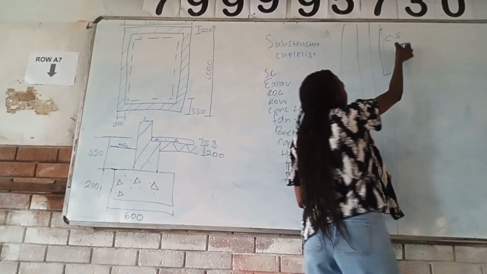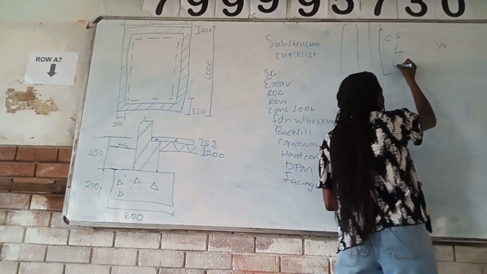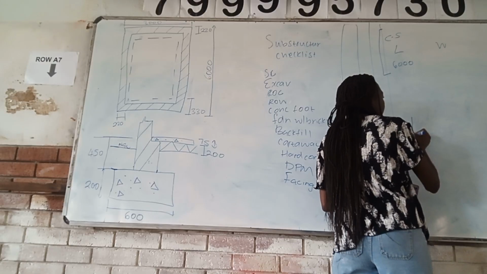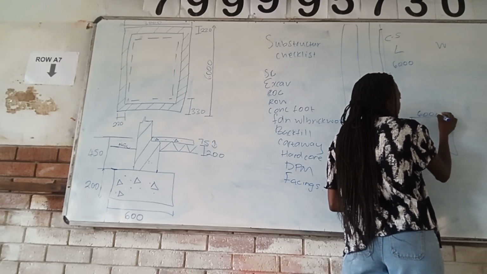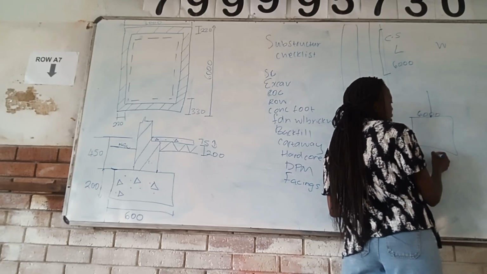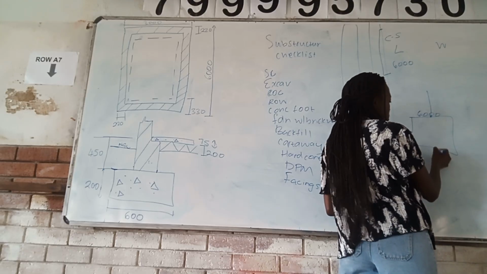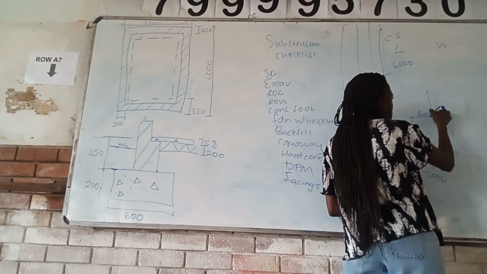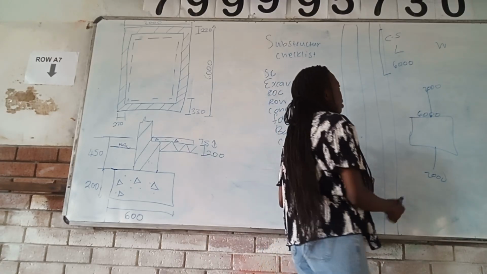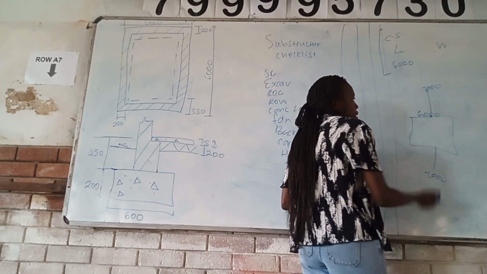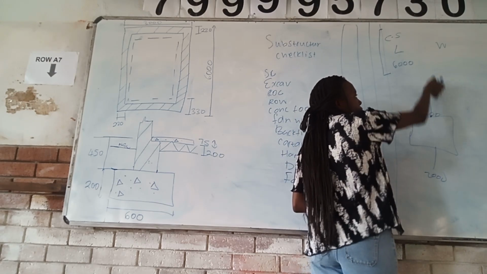Length, width, we have 6,000, and I showed you that if we have 6,000 here, when you clear the site, you're going to clear this side and also the other side again. From here to there it's 2,000, and also from here to there it's 2,000. They said we clear the site 2 meters. So it's 6,000, you cannot subtract from this 6,000, you are adding 2 meters.